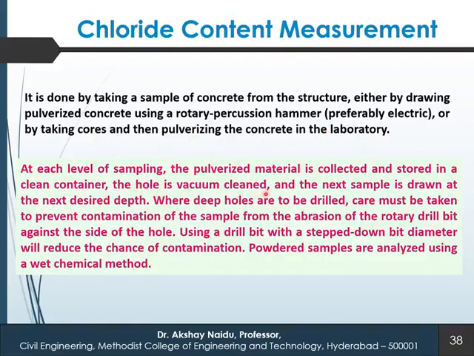The hole is vacuum cleaned and the next sample is drawn at the next desired depth. Where deep holes are to be drilled, care must be taken to prevent contamination of the sample from abrasion of the rotary drill bit against the side of the hole. Using a drill bit with a step down bit diameter will reduce the chance of contamination. Powdered samples are analyzed using a wet chemical method.